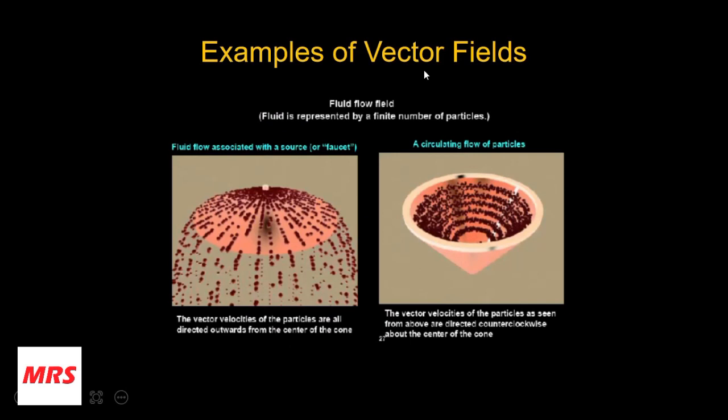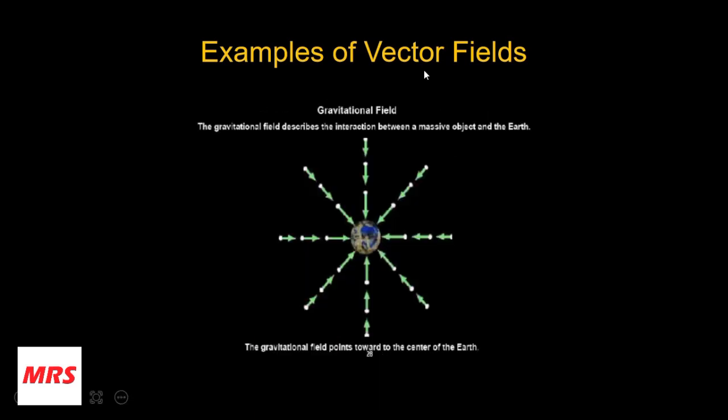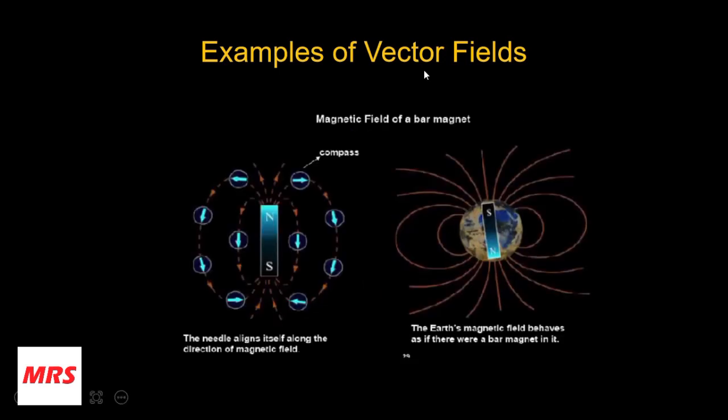Fluid is represented by a finite number of particles. Flow associated with a source, a circulating flow of particles you can observe here. Examples of vector fields: gravitational field. Magnetic field of a bar magnet, which flows from north pole to south pole.